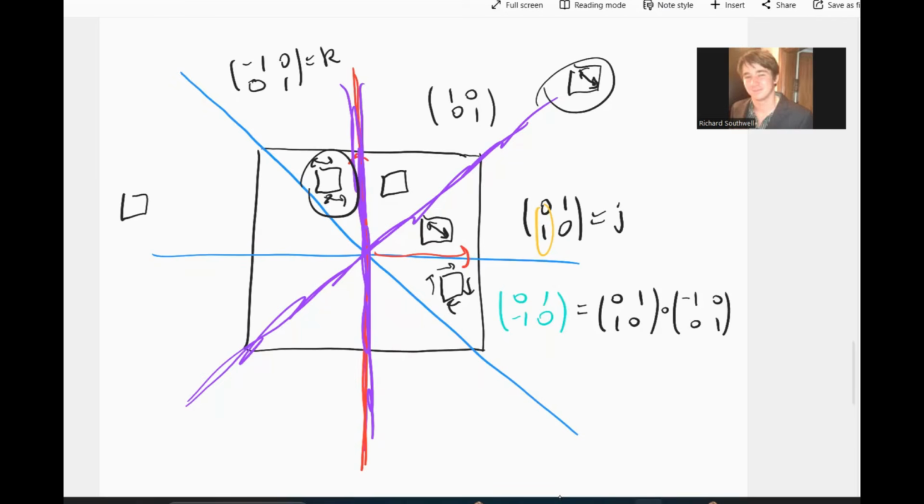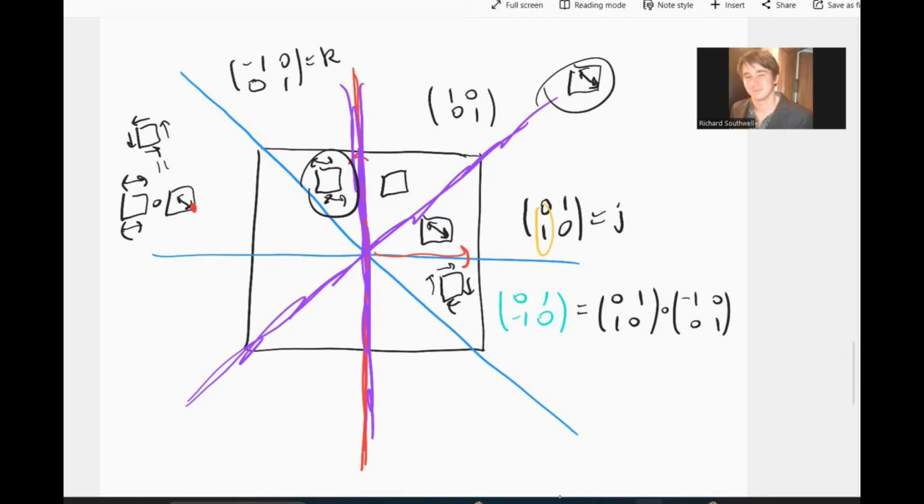So it looks like this. And we can see that it's this. So how do we see it?